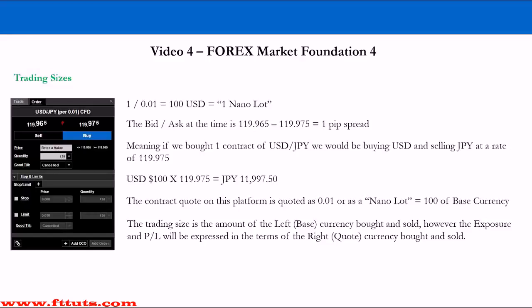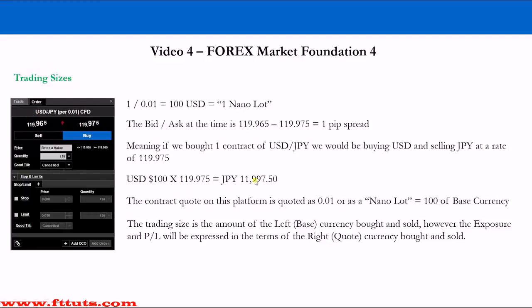The bid ask at the time in this situation is 119.965 to 119.975. So this provides a 1 pip spread to the Forex pair dollar yen. If we bought 1 contract of dollar yen, we'd be buying US dollars and selling yen at a rate of 119.975. So we buy at this price and sell at this price.